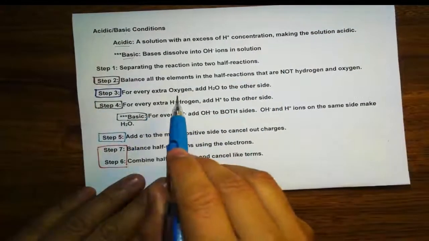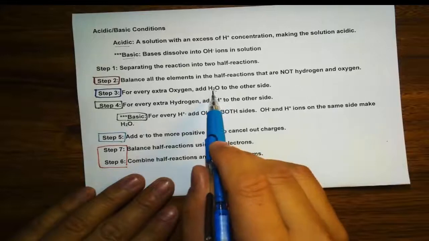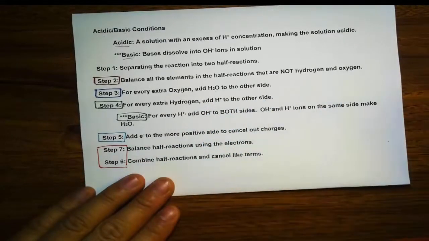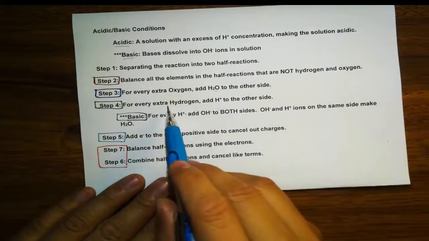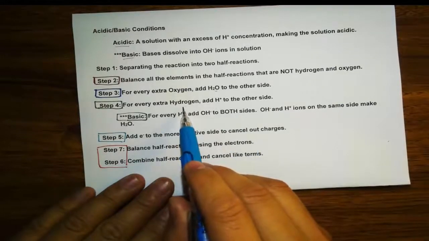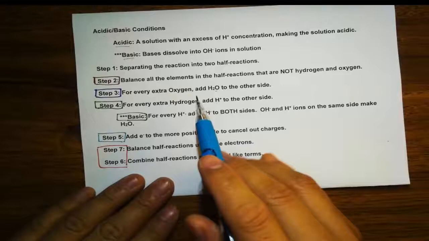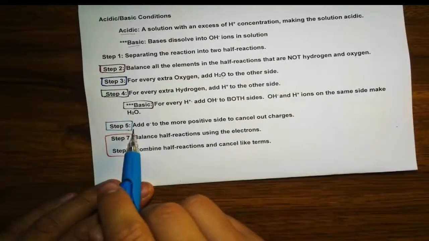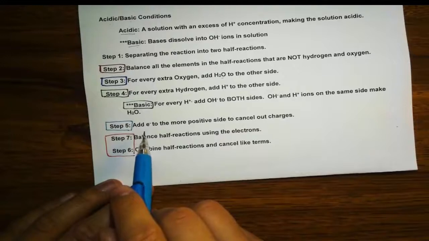For any extra oxygen, you would add water to the side which has the lower number of oxygen. And for the same thing, for extra hydrogen, you would add H+ to the side that has lower H+. Not until step 5 do you look at the electrons.